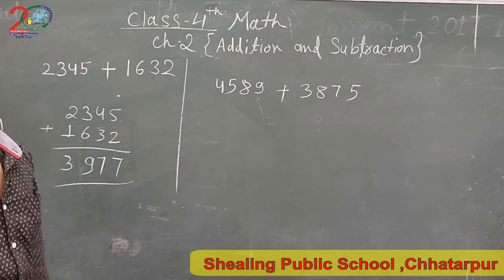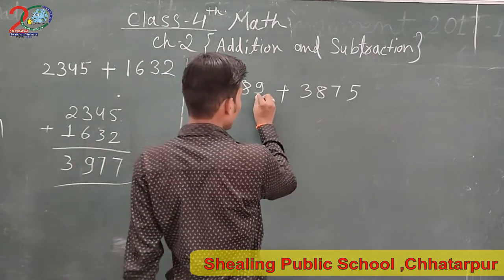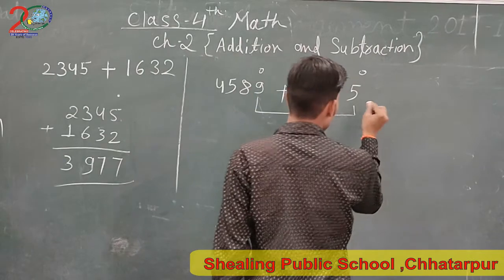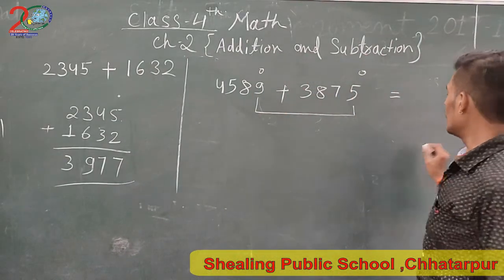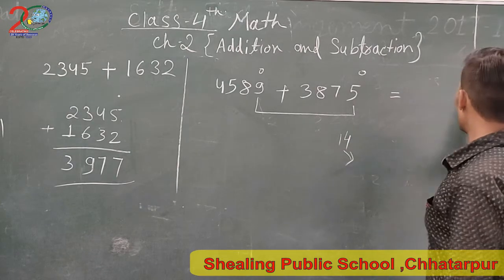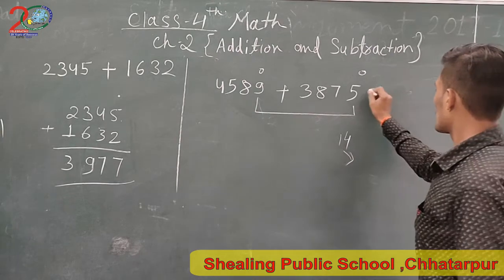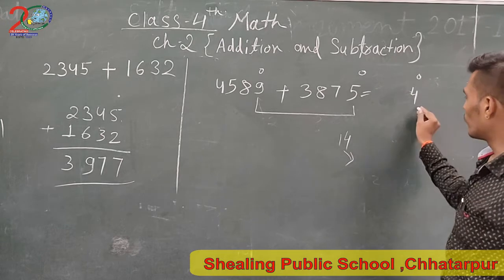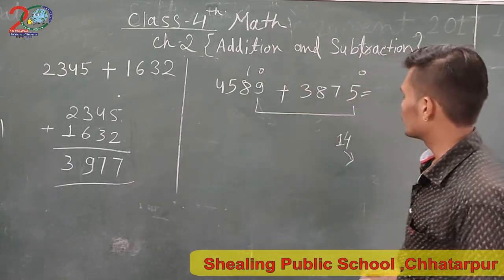So horizontally, ones value add by ones value. This one is ones, this one also ones. So we add 5 and 9. Okay, so 5 and 9 is 14. So we write 4 in the ones value here, and 1 carry goes to the second position.